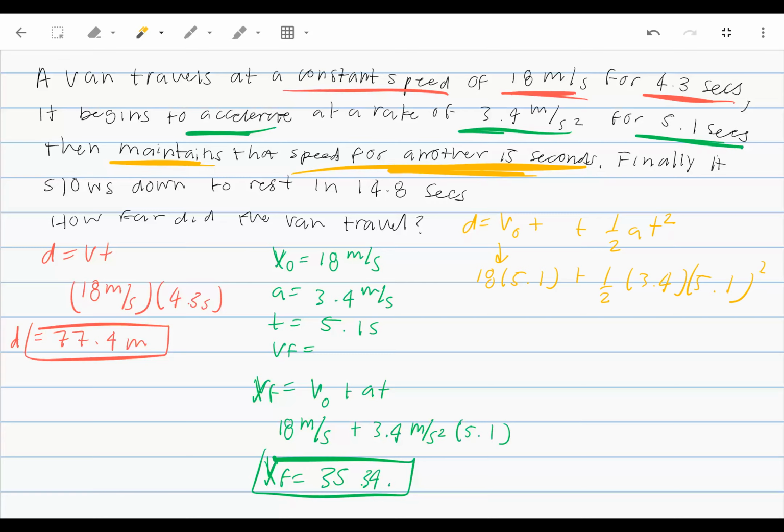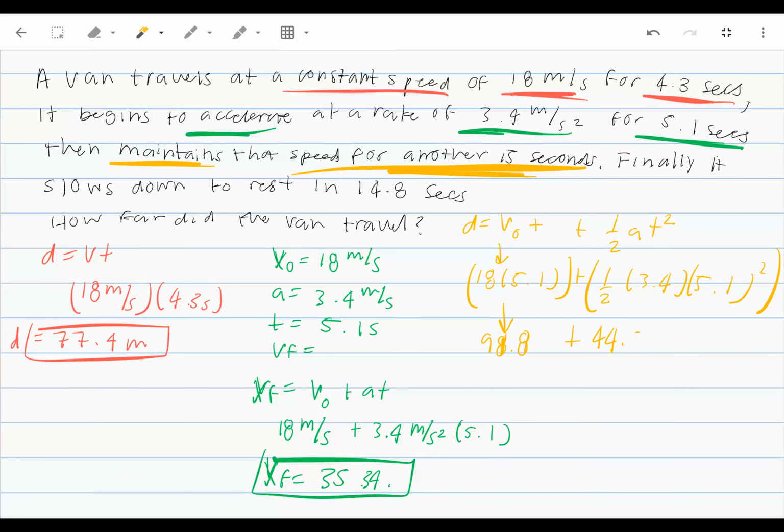If you want to do the math, I like to split it up into two. Taking these two parts, I get 91.8 plus 44.217, if I'm not mistaken, and you should get a total distance of 136 meters.